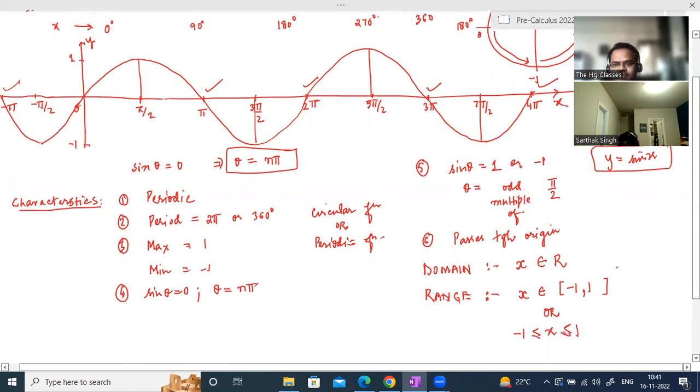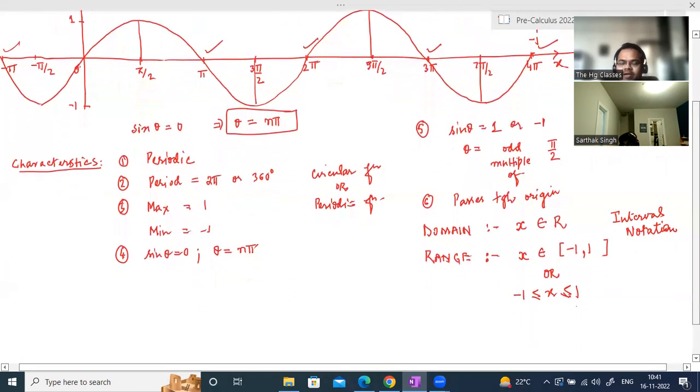The way I have written this is known as interval notation. This is also used in textbooks. It's very simple to read. -1, comma 1, the lower bound and the upper bound written in square brackets. And why are we writing square brackets?